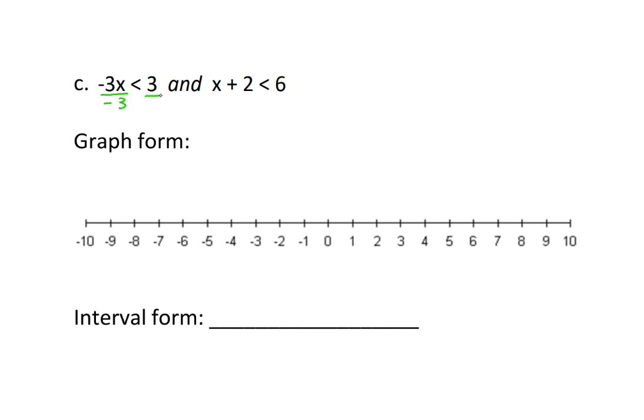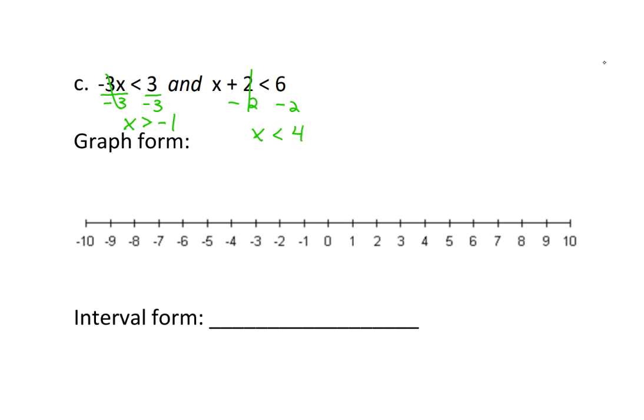Well, if you'll remember the rule, whenever we're multiplying or dividing both sides of an inequality by a negative number, then we have to flip the inequality symbol. So I get x is greater than -1. And then for the other inequality, I'm going to subtract 2 from both sides, and I get x is less than 4.